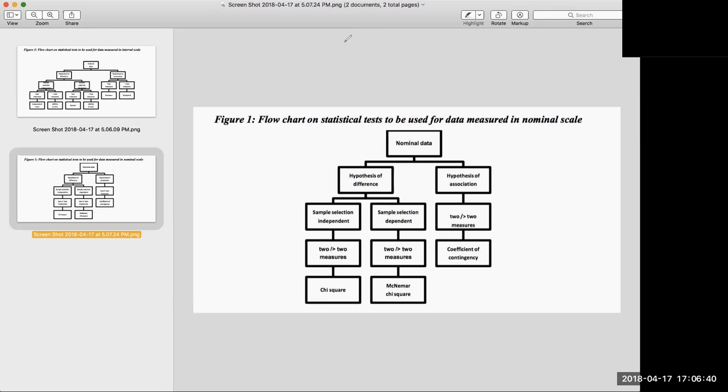I think it's a close cousin. But notice here, the only example they give us is this chi-square test, which is a hypothesis of difference for two or more measures. Say you have a 2x2 table, and you want to look at the differences between those cell categories.